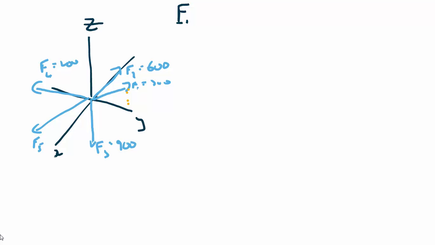So force 1, very simple. Force 1 is only acting in the YZ plane, and you can see that in the lecture slides because it's got a grey triangle that's trying to highlight it's only in that one plane. The other thing that's not shown there is the 3, 4, 5 triangle.